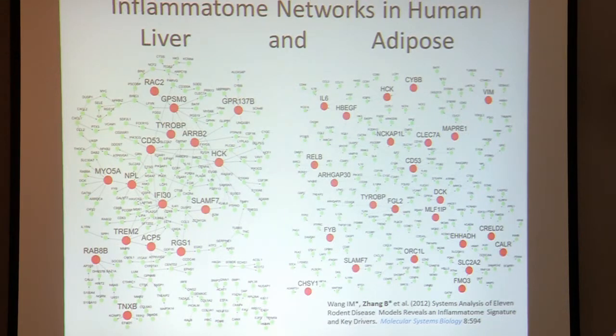Do you think that the genes involved in inflammation in those mouse models will be about the same in human? Yeah, they are conserved somehow. You may see like 30 or 40% conservation, but there is still a large portion of genes specific to the mouse system or to the human system.